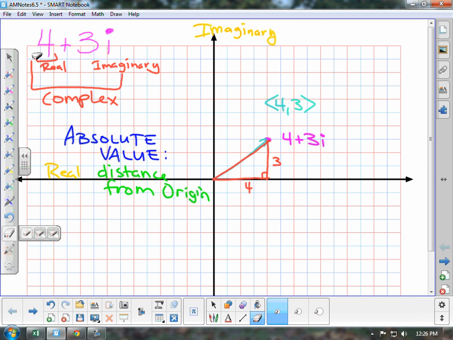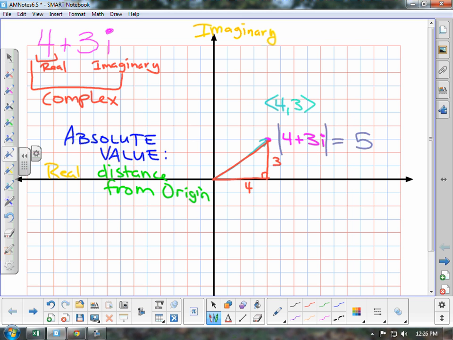And so in looking at this particular complex number, 4 plus 3i, the absolute value of 4 plus 3i is going to be 5 because it's a 3, 4, 5. Or you take 4 squared plus 3 squared and the square root of it.